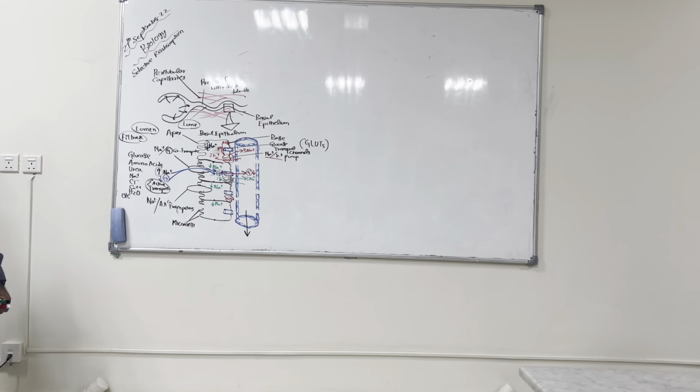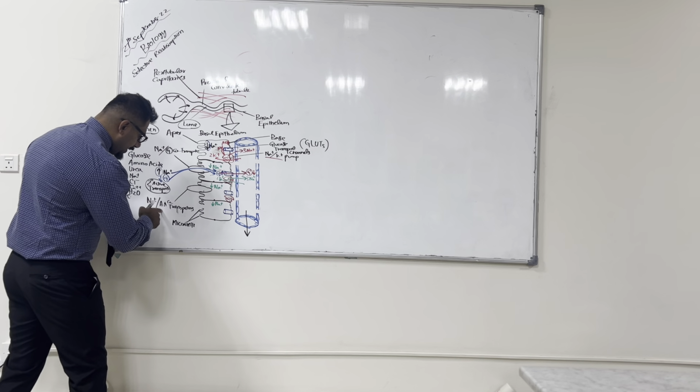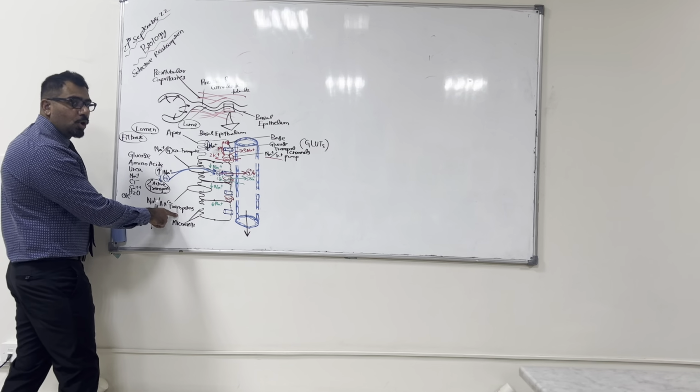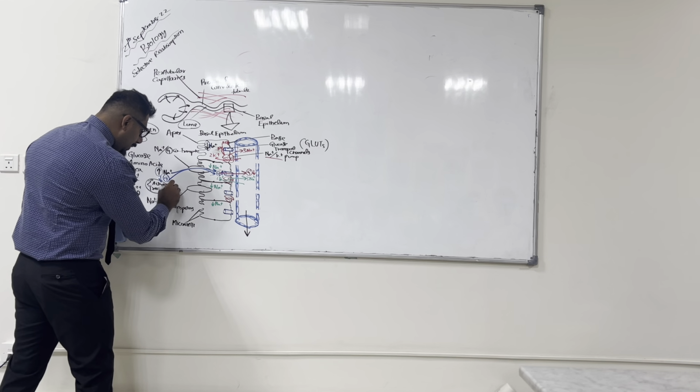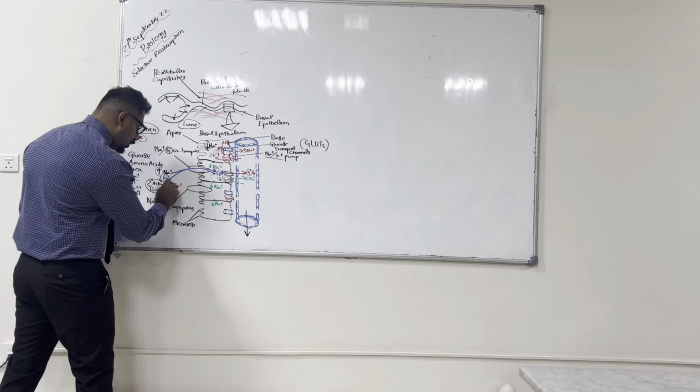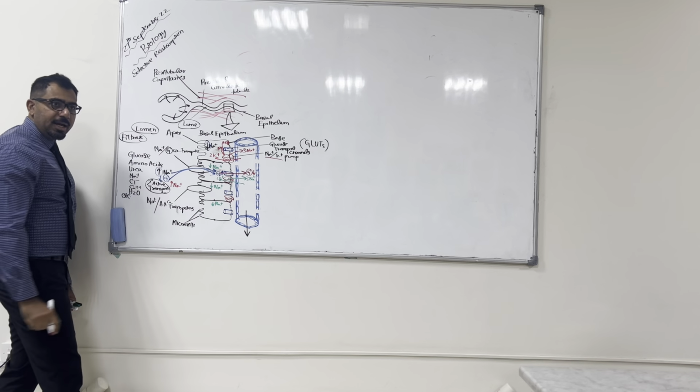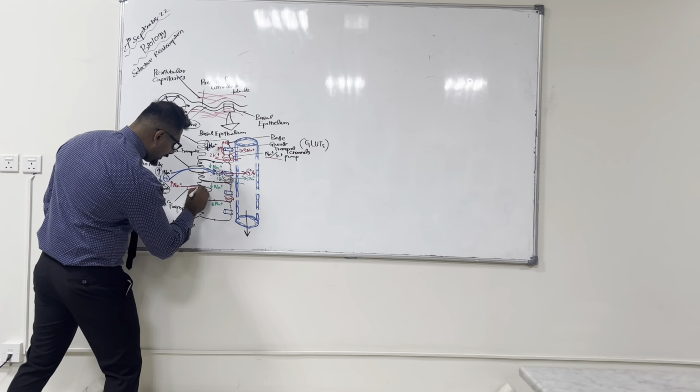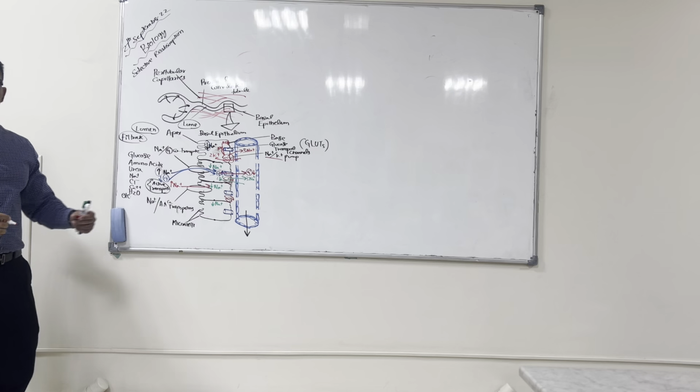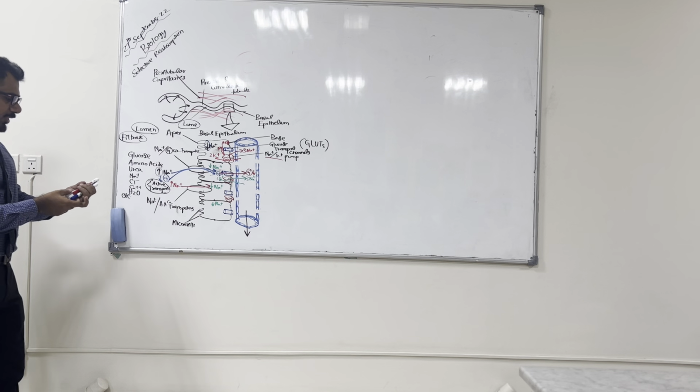Same thing will happen for what? For amino acids. Again, this is sodium ion amino acid co-transporter. Sodium ions, they are higher in concentration over here, lower in concentration over there, right? So sodium ions will move from high to low concentration. During this process, what will happen?